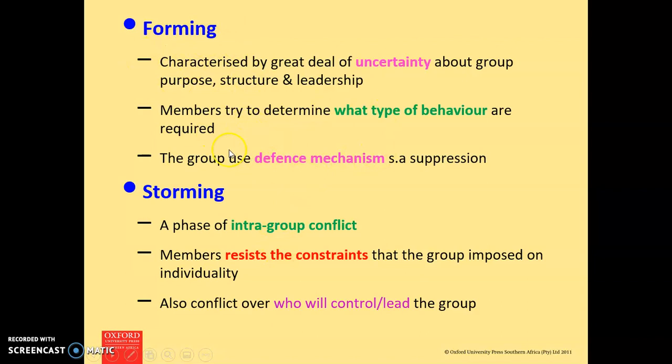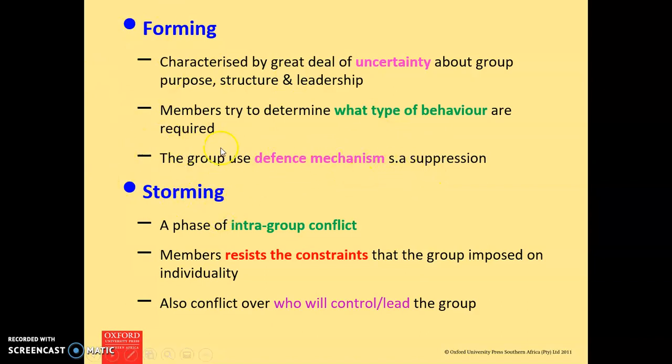The members normally use defense mechanisms, such as suppression of roles. They try to avoid because they do not know each other. The level of uncertainty is high. They do not know what types of behavior are acceptable. So especially they resort to defense mechanisms in order to avoid conflict and so on.